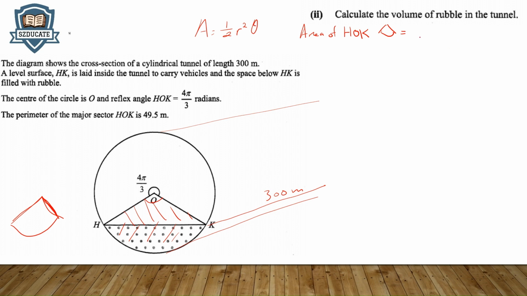Please do not use 8. So half, if you remember the r we found earlier was 7.9983, squared, and the theta has to be this one, not the 4 pi over 3. Now 360 degrees, one full circle, is 2 pi, so it's going to be 2 pi minus 4 pi over 3.